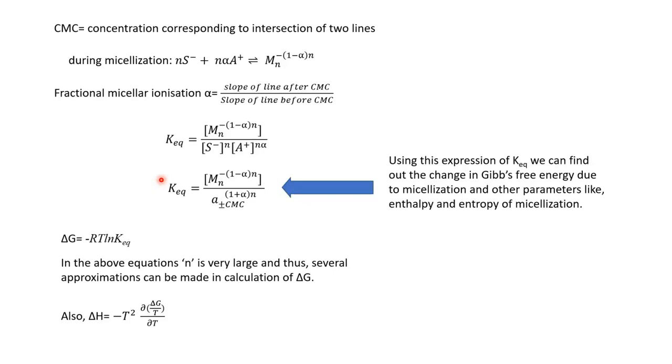So from these expressions, by different approximations, we can eliminate n, and finally the delta G becomes dependent on alpha and the CMC concentration. So different approximations can be made in calculation of delta G, and also we can find out delta H from delta G with the help of this equation, that is delta H is equal to minus T square, del of delta G by T divided by del T.